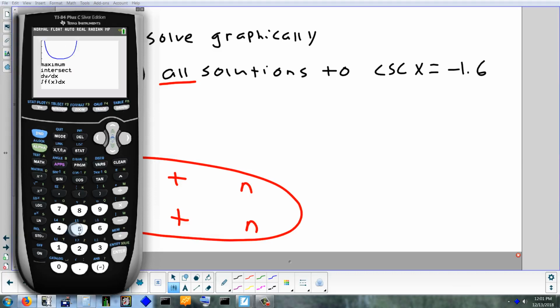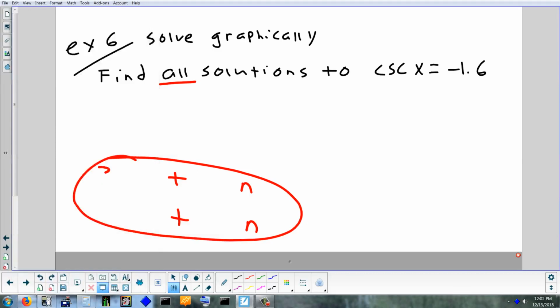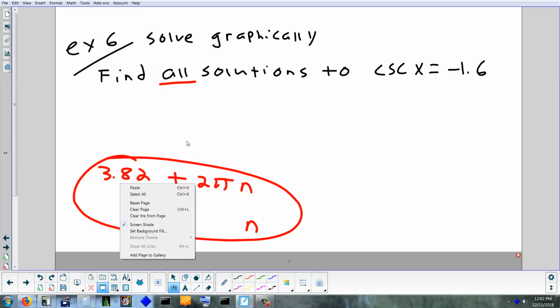Second calc intersect. If you're off the screen, just keep pressing the arrow until you come on. 3.82, plus what Natalie just said, period times n. So the next version of that answer is 6.28 units later, and the next one, 6.28 after that.